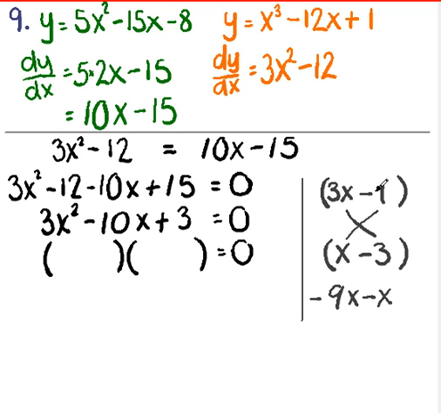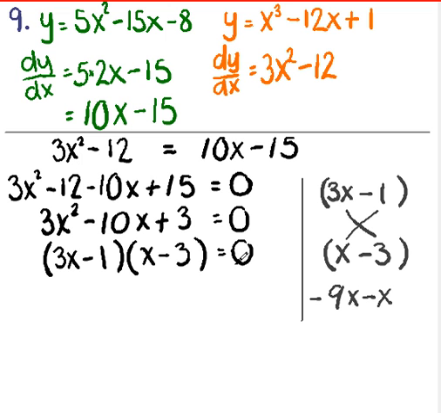Now you should always check that these two multiply to give you your end term. So minus 3 times minus 1 gives us plus 3. So we're okay. So putting those into brackets, we have 3x minus 1 and x minus 3.